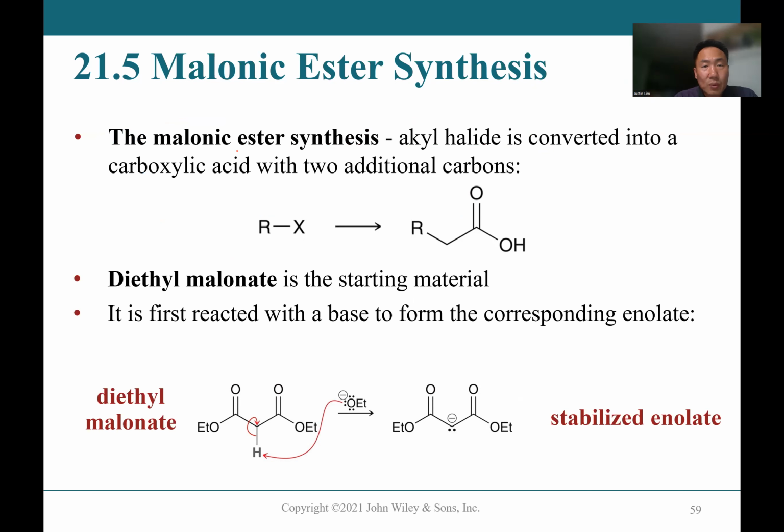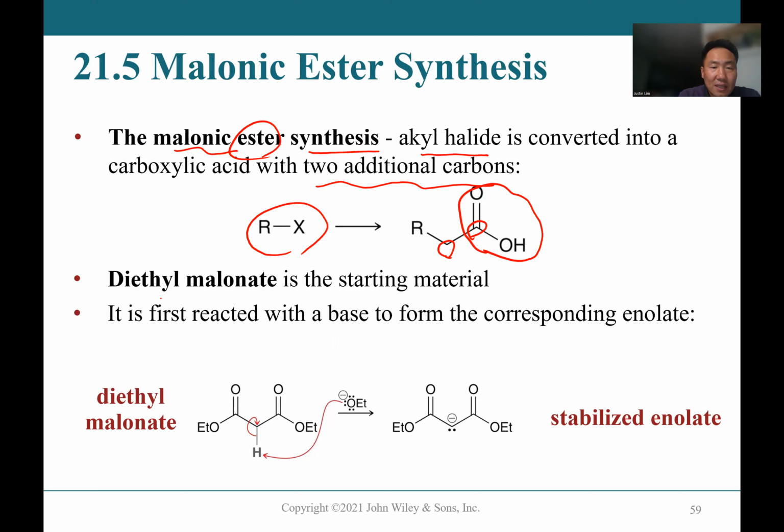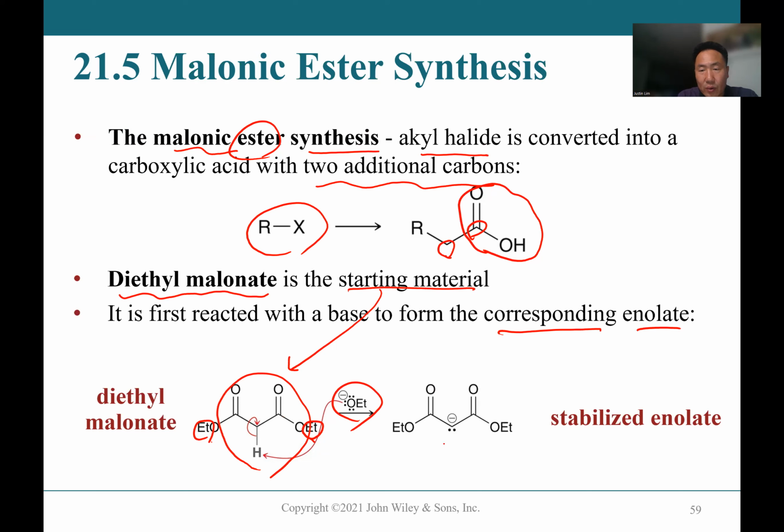So in malonic ester synthesis, an alkyl halide is converted into a carboxylic acid with 2 additional carbons. Diethyl malonate is the starting molecule. It first reacts with the base to form the corresponding enolate ion.